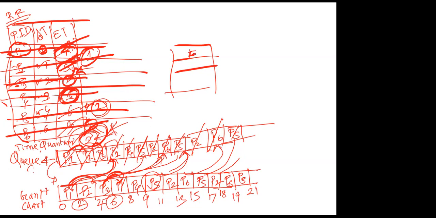The process doesn't need to wait a long time because it depends on the time quantum. It doesn't have to wait for a big process to complete execution. So there is no convoy effect problem.